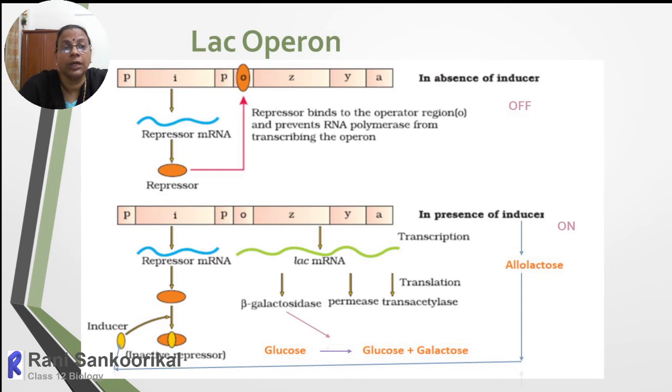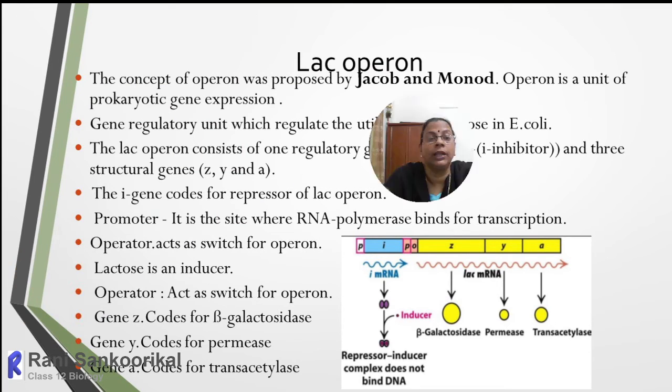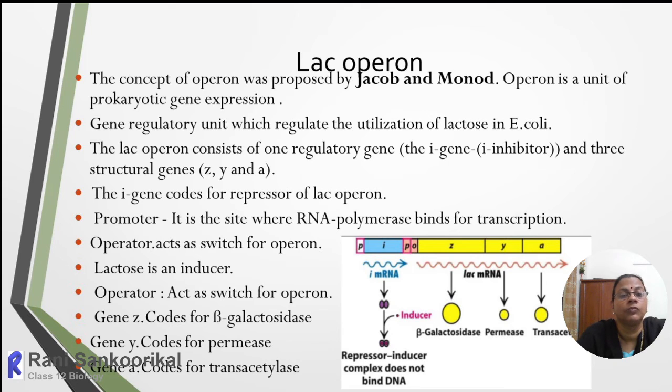So, to summarize, the concept of the lac operon was proposed by Jacob and Monod, and the operon is the unit of prokaryotic gene regulation because the operon works in prokaryotes.